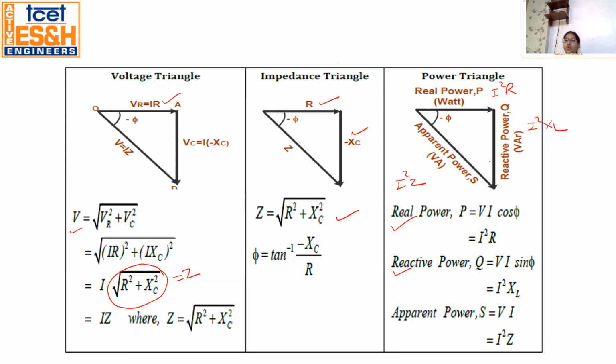So Q is equal to VI sin phi or I square into XC, and apparent power is VI or I square into Z. So S is equal to the root of P square plus Q square.